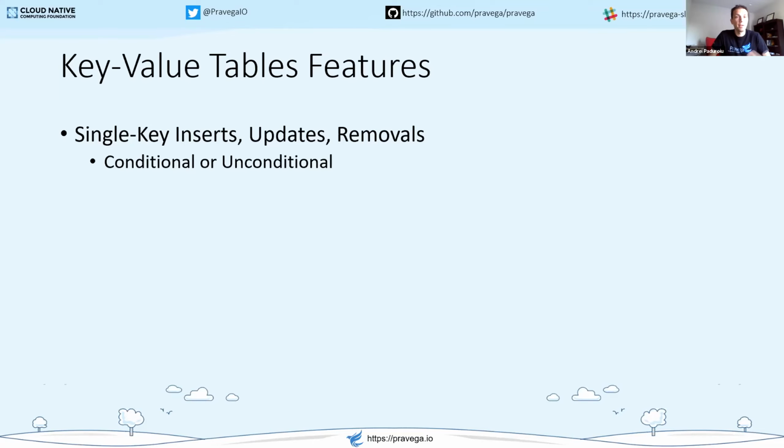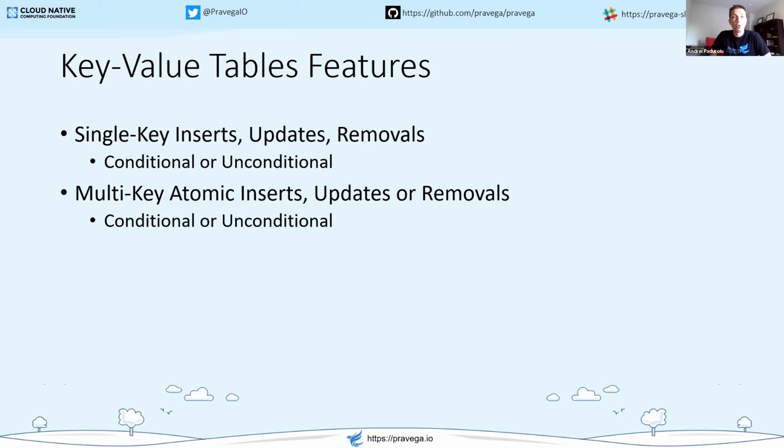You get that back as part of an update or insertion, or when you get the key. If you want to make a conditional operation, such as an update or conditional removal, you have to pass an E tag, and it will only be accepted if your version matches what is currently on the server.